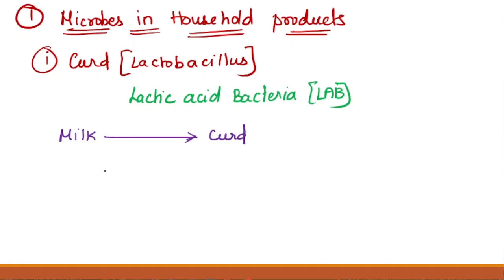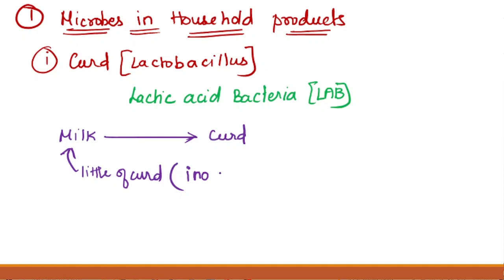When she adds a little curd to the milk, only then the milk gets converted to curd. That little curd acts here as an inoculum or starter, which is added initially to initiate the process.